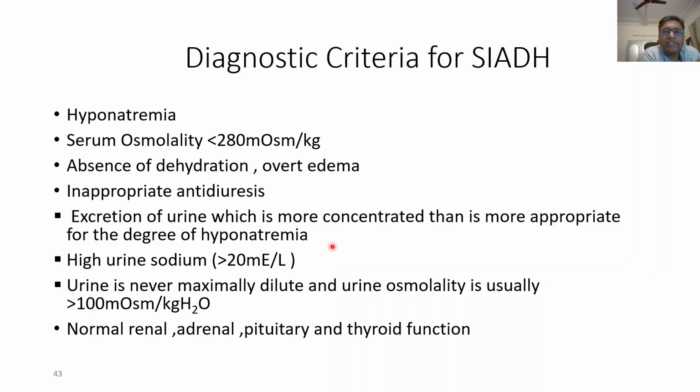There will be inappropriate secretion of sodium, with urine sodium more than 20 milligram per liter. Urine is never maximally dilute, and urine osmolality is usually more than 100 milliosmol per kg. We say it is SIADH after ruling out other causes like renal, adrenal, pituitary, and thyroid dysfunction.